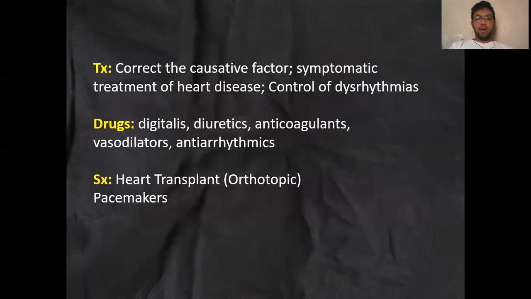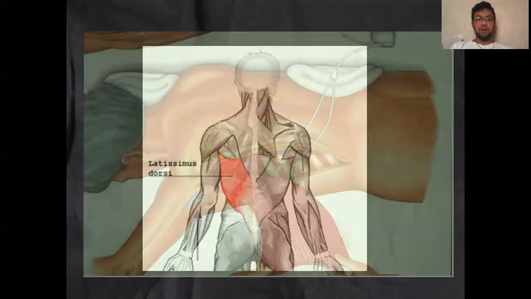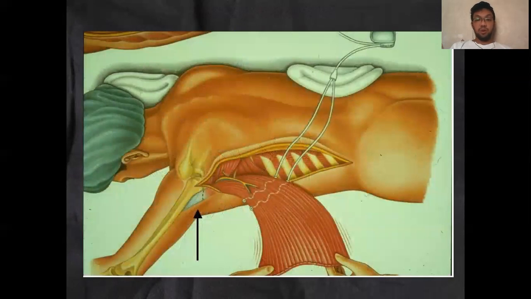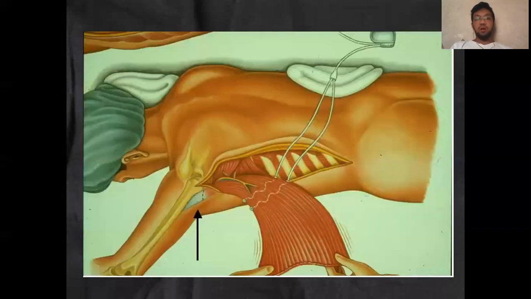In the application of the pacemaker, this time, the latissimus dorsi is the one used. That is where they are going to apply this pacemaker, in order to help the heart pump blood. So they are going to use the latissimus dorsi muscle.